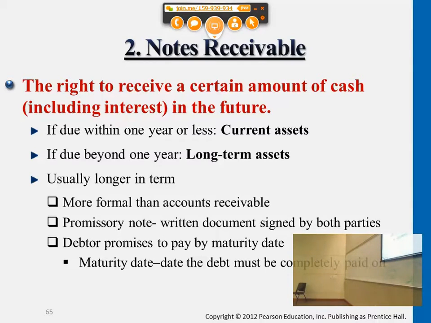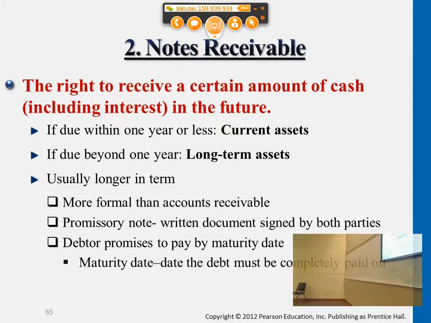So just like other types of assets, if a note has a lifetime of any number of months within a year, below 12 months, then it's considered a current asset, current notes receivable. Some companies will call it short-term notes. But if this note was signed so that the client could pay the money later, longer than a year, say a year and a half, then it's considered a long-term asset, long-term notes receivable.